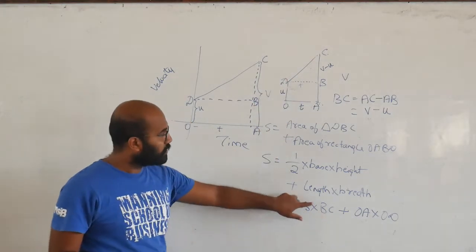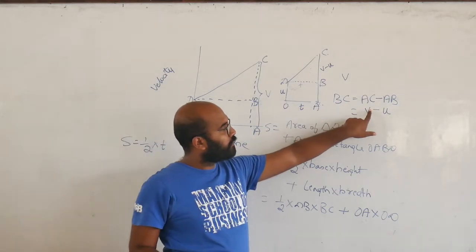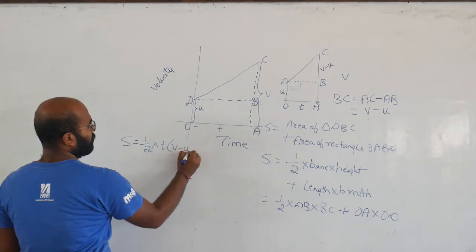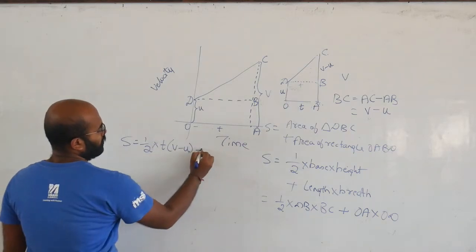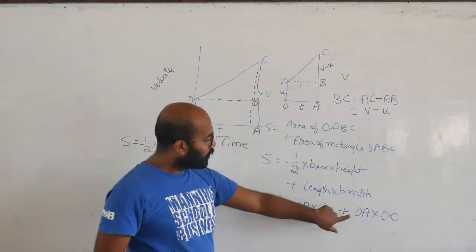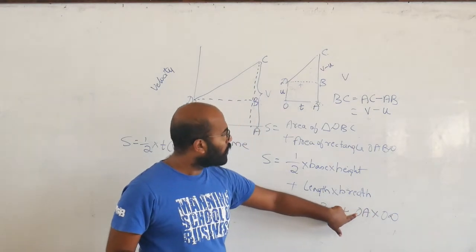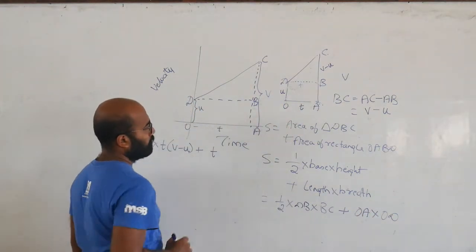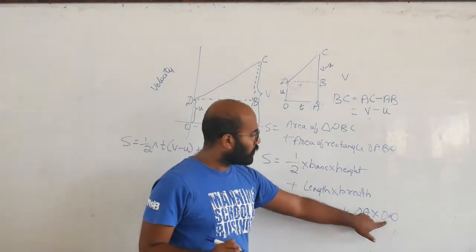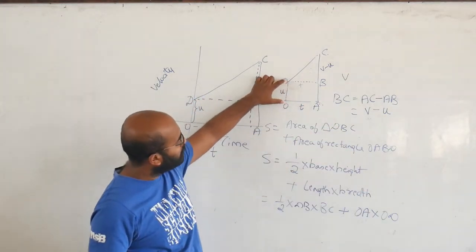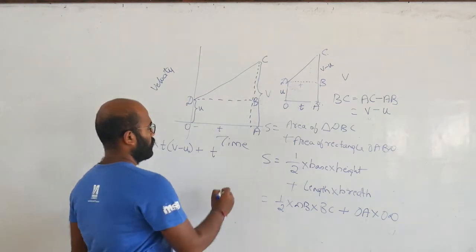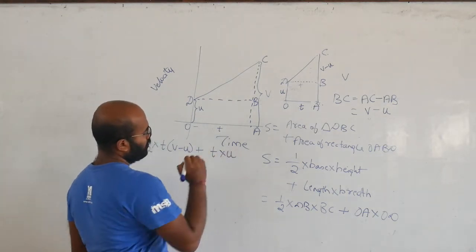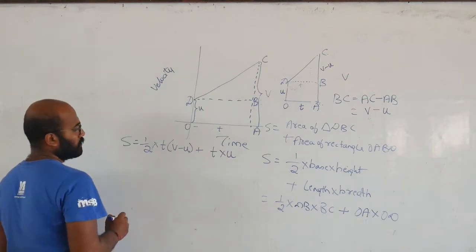Next, BC is v minus u. So half into t into (v minus u) plus OA into OD. OA is t. What is OD? OD is u. So t into u.